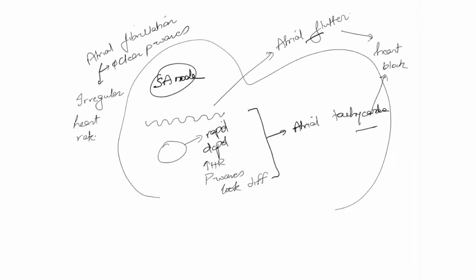Lastly, if something is wrong with the SA node, so if the SA node is not working, one of the other foci in the atria might take up the role of an SA node, and you would see an escape rhythm. And you might see P waves that are different in shape from the normal P waves, and they're also slower. So this can happen with an escape rhythm.